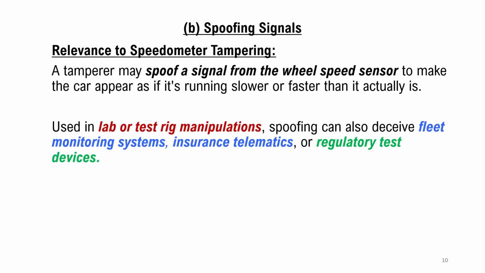It is relevant to the speedometer as a tamperer may spoof signals from the speed sensor to make the car appear as if it is running slower or faster than it actually is. Used in the lab or test rig manipulations, spoofing can also deceive fleet monitoring systems, insurance telematics, or regulatory test devices.